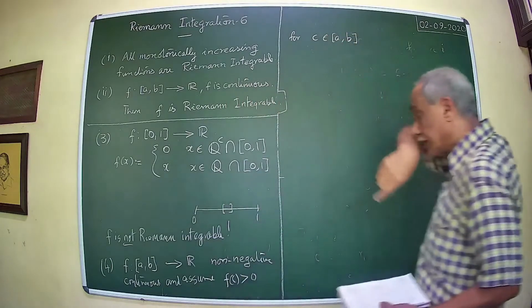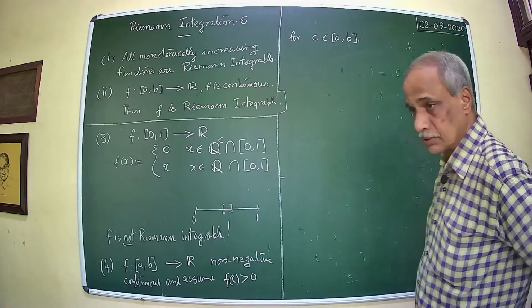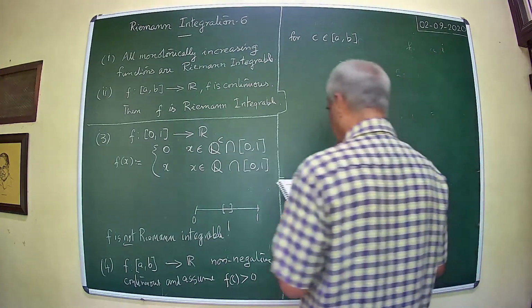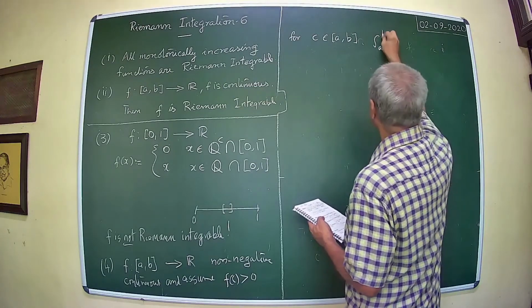So what do we have? We have a continuous function which is non-negative, and at some point it is strictly positive. Then what we want to show is that the integral from a to b of f is positive.